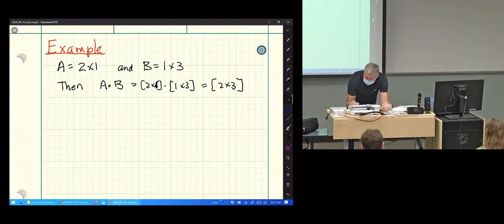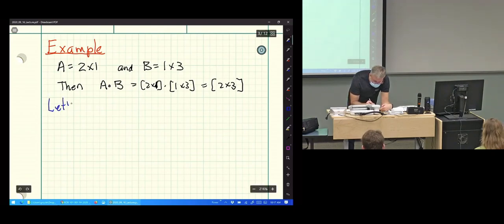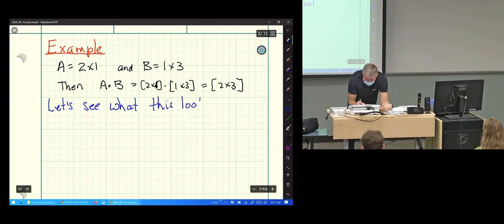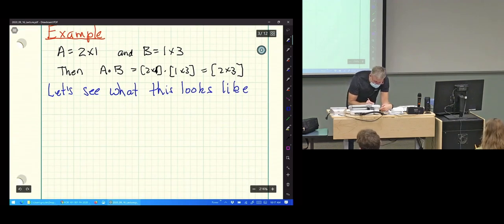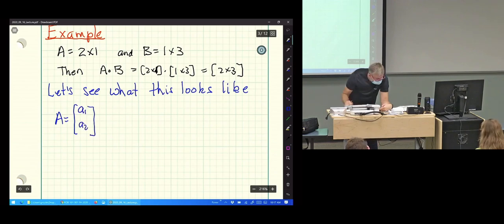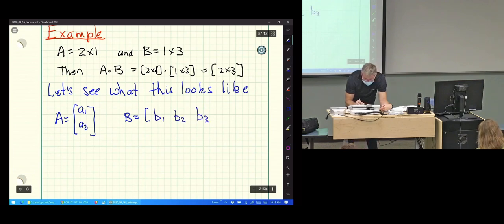So let's see what this looks like. It's kind of funny. So I'm going to write A as A1 and A2, and I'm going to write B as just B1, B2, B3.